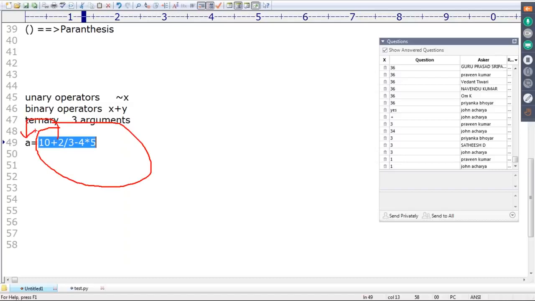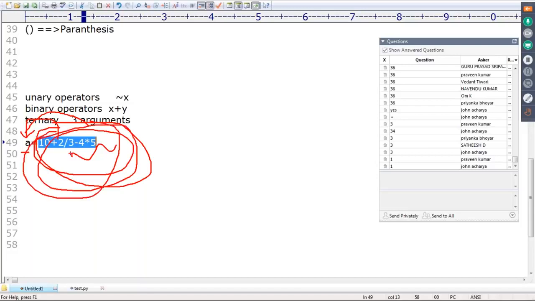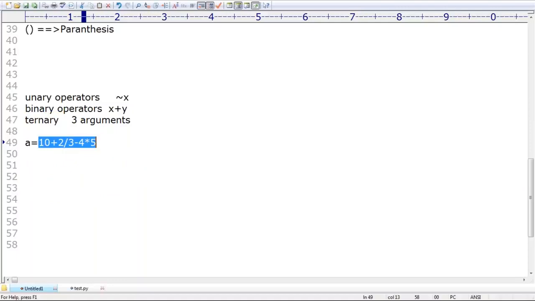The assignment operator usually has the least priority in most programming languages. First apply all these operations, and after that the result is assigned to a. These are generalized rules irrespective of any programming language.